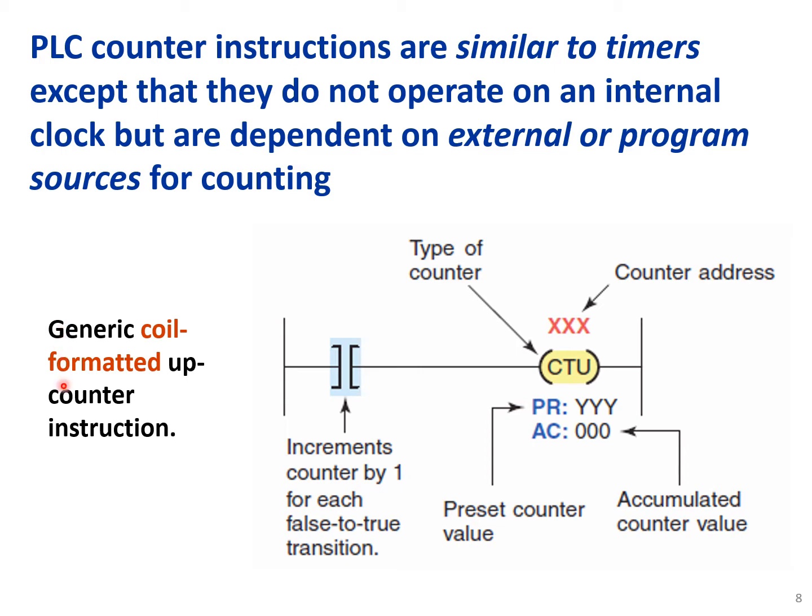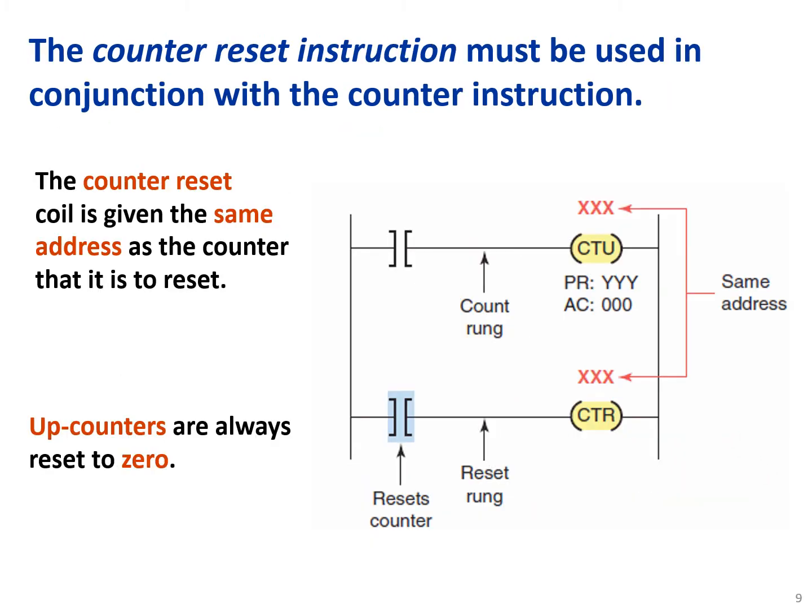Generic coil formatted up counter instruction is shown here. The counter reset instruction must be used in conjunction with the counter instruction. So here we have a counter, and here we have a counter reset that uses the same address.